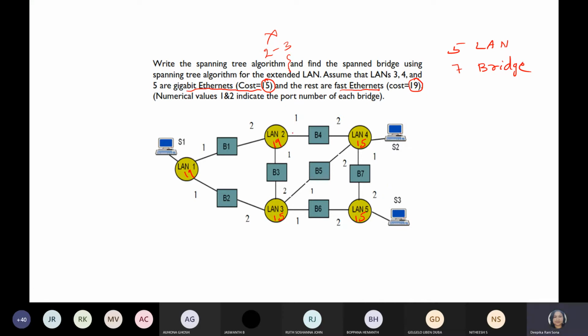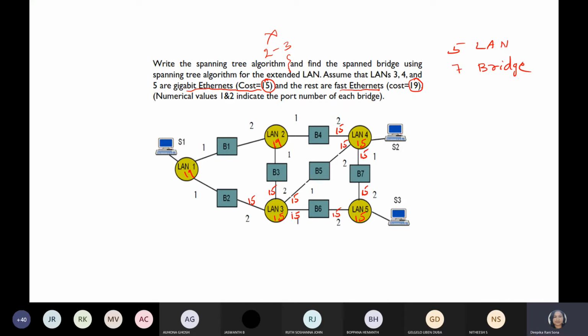Now we have to mark the linking cost for each LAN. What are the linking costs here? For LAN 3 it is 15. This will be 15. This is 15 and this is also 15. Then for LAN 5, 15, 15, 15, 15, 15.